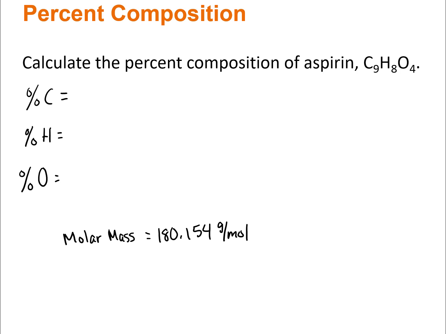From there, for the percent composition, we've got 9 carbons times the molar mass divided by the molar mass of the compound.